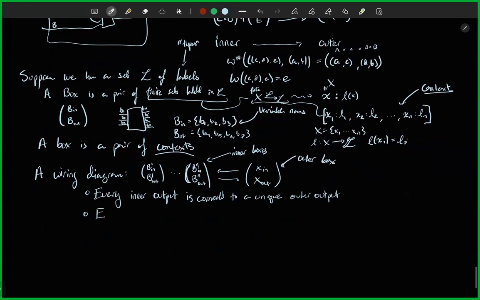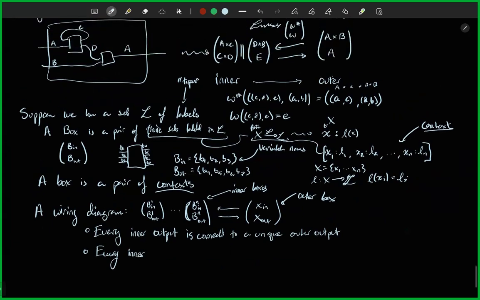Sorry, I believe it's the other way around. Every outer output is connected to a unique inner output.